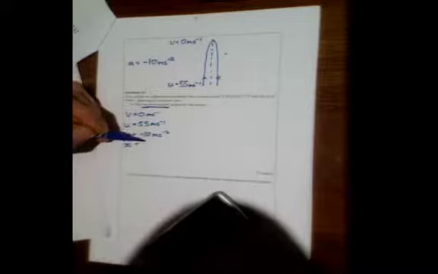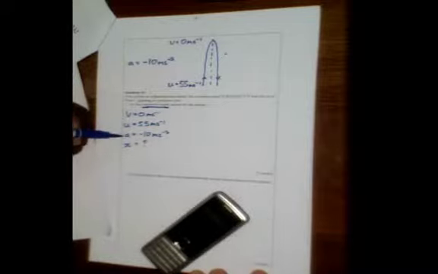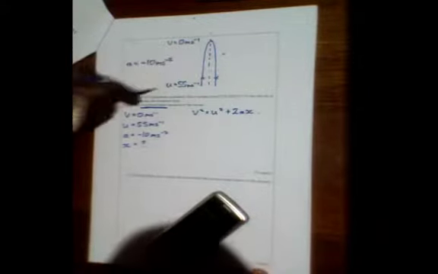Acceleration is minus 10 metres per second squared, and distance is what we want to know. VUAX, look at that. V squared equals U squared plus 2AX.